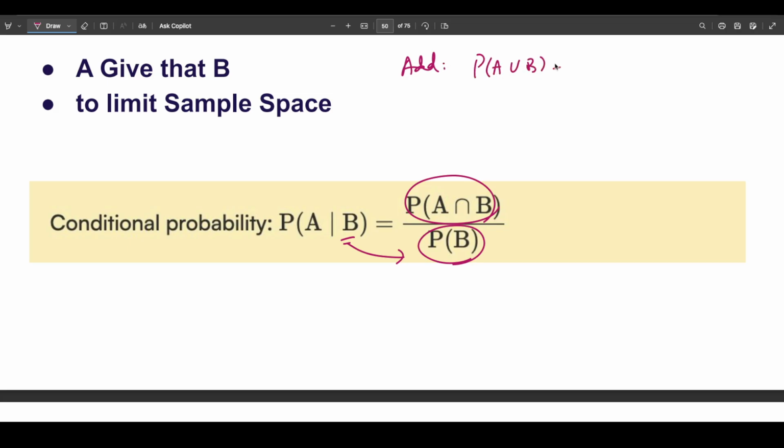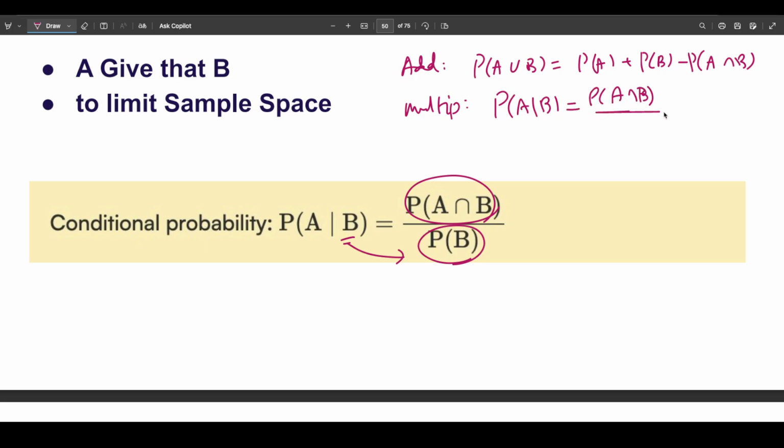Probability of A or B equals probability of A plus probability of B minus probability of A and B. Here we also have the multiplication rule of probability, which is probability of A given B equals probability of A and B over probability of B. Or we can also rewrite it in this form: probability of A and B equals probability of A given B times probability of B. I can put this to the other side. We use both of these formulas a lot in our questions.